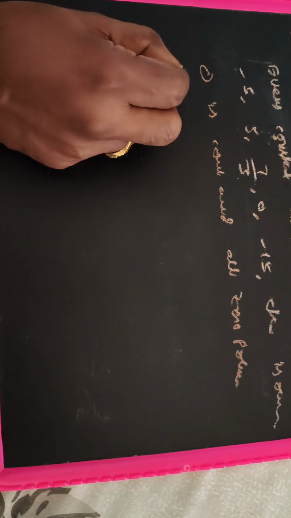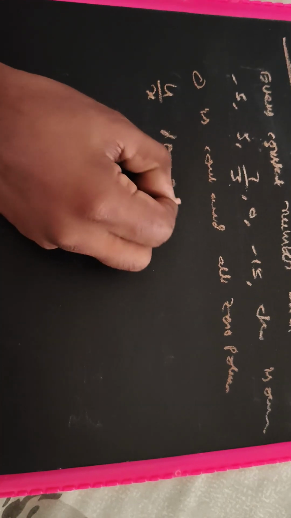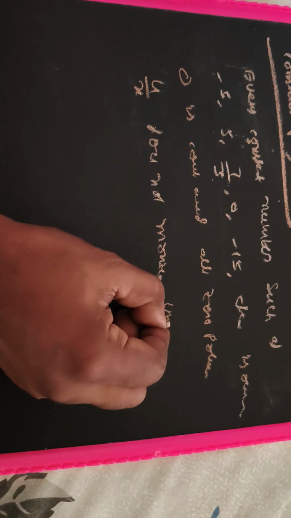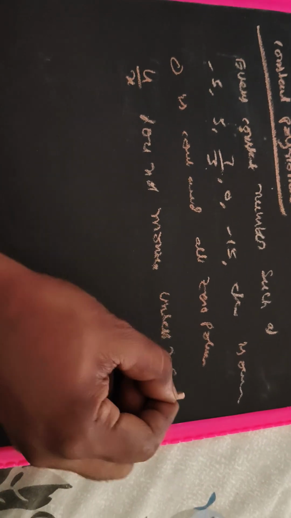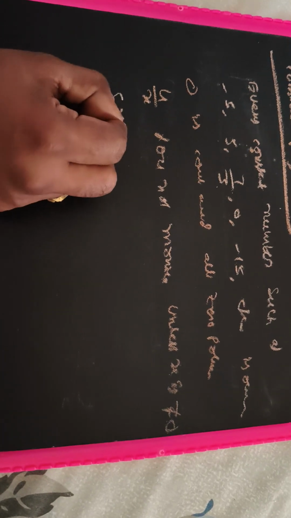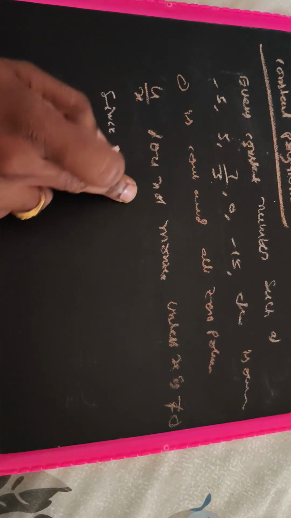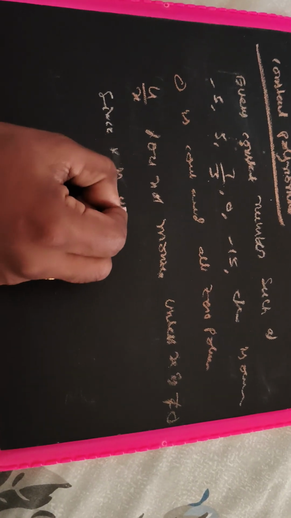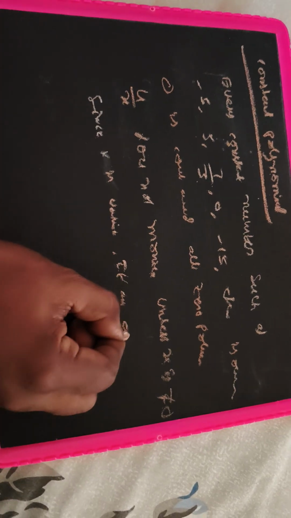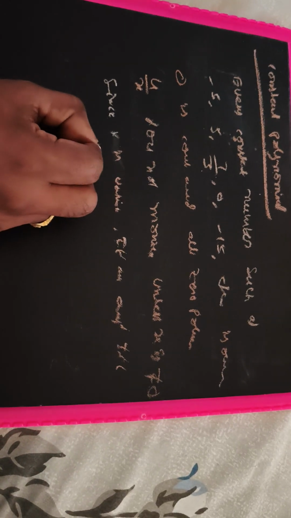An expression of the type 4 by x does not form a monomial unless x is not equal to 0. Since x is a variable, it can take any value.